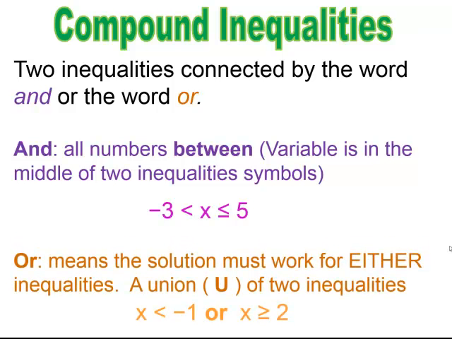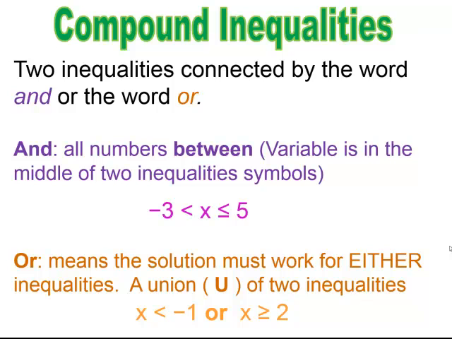So the next is the compound inequality or. Means that the solution must work for either inequality, a union of two inequalities. So when we talk about the union, mathematically the symbol is a union symbol, not a capital U. There's a union symbol that you need to use.